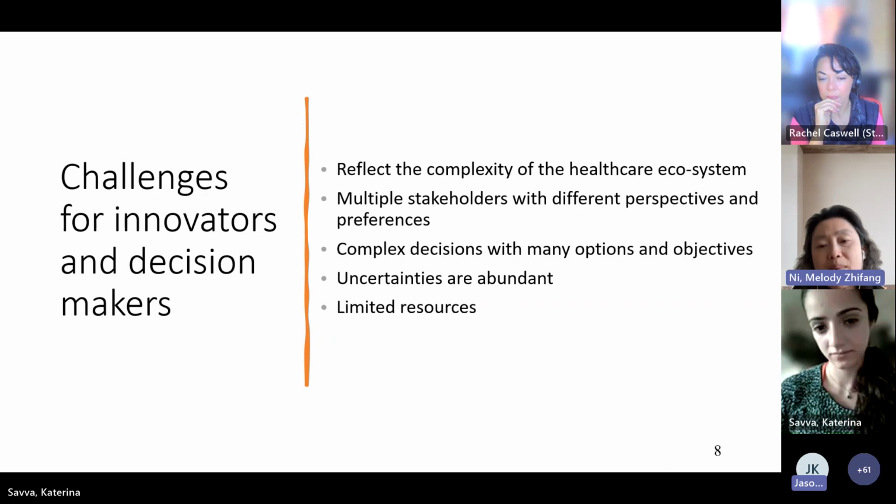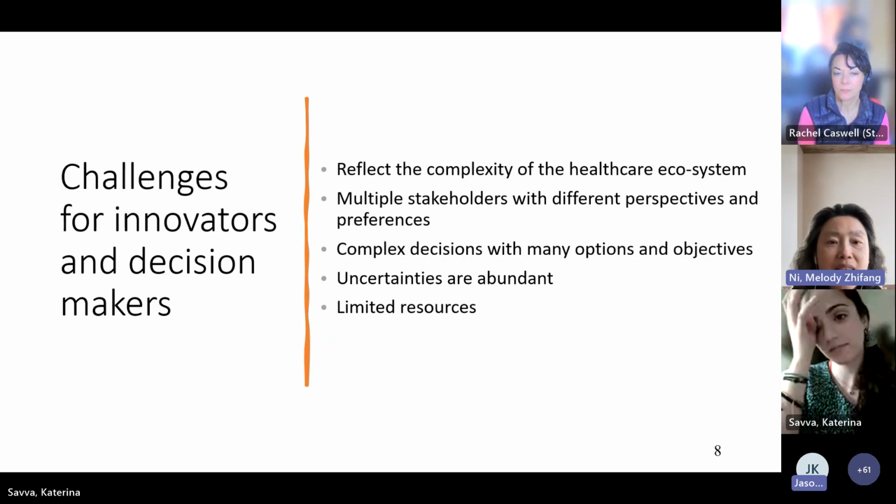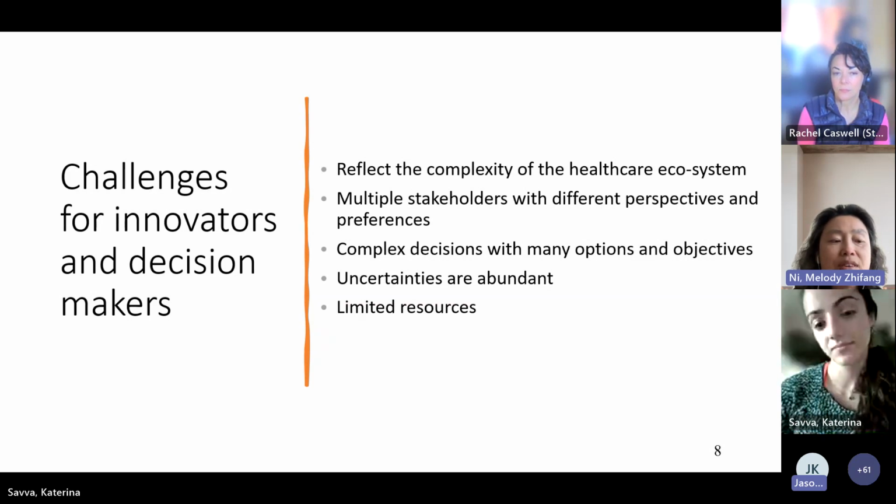And so the complex decision always has many options and objectives, and there is uncertainty that cannot be reducible. Nobody anticipated COVID-19, for instance. Nobody anticipated that, under extreme time pressure, we would have to accelerate the take up of devices and medication in such a short time turnaround.